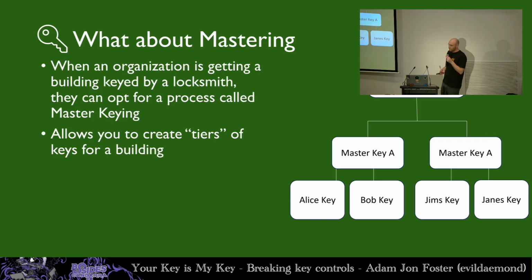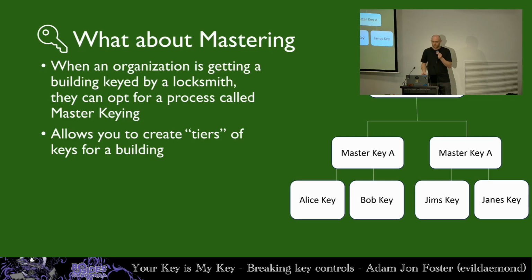Let's say you go and you get a building made. You decide, I want to get all my locks keyed so that I can open them up. They'll do what's referred to as tiering and mastering. So you'll have the first tier, which is your GMK, Grandmaster key. This also goes up to great, great, and great, and they just add great to the front of it every time. Then you go down, you have master keys for individual areas, and then you have your actual operator keys.